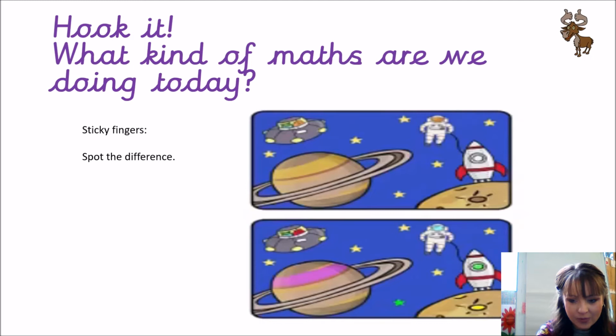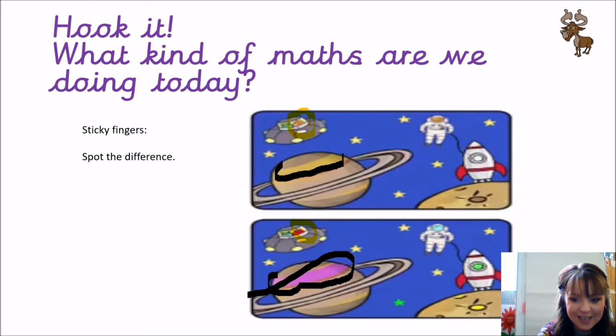Difference 1. You can see that here and here the little alien is a different colour. You might also notice that on Saturn here, this ring and this ring are a different colour.